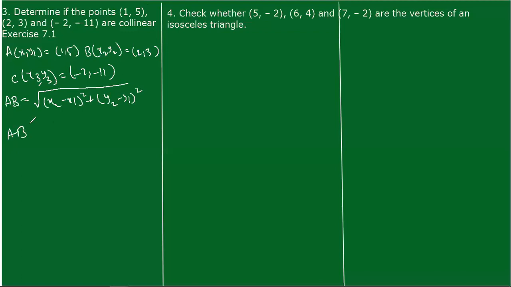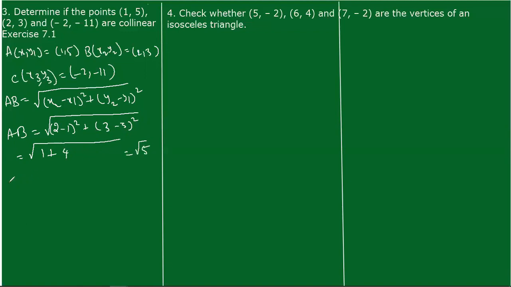For AB, x2 is 2, x1 is 1, so 2 minus 1 whole square, and y2 is 3, y1 is 5, so 3 minus 5 whole square. 2 minus 1 is 1, 1 square is 1, and 3 minus 5 is minus 2, minus 2 square is 4. So the answer is root 5.